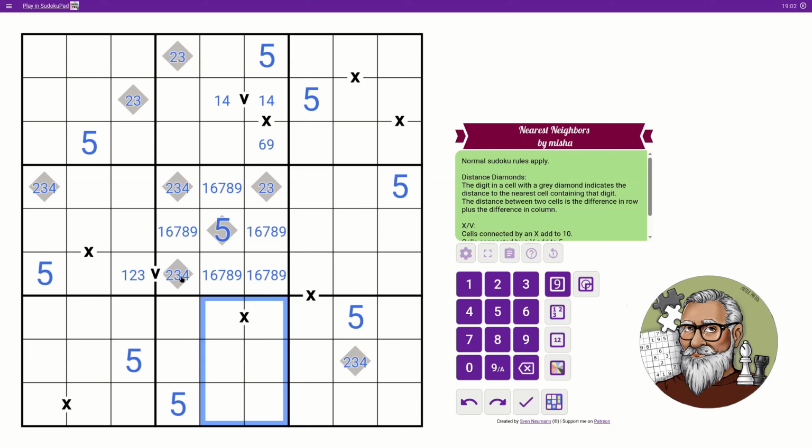One of these is a 4. Yeah, but that doesn't matter. This could be a 4 and this could be a 4. That didn't resolve anything, did it? It didn't.